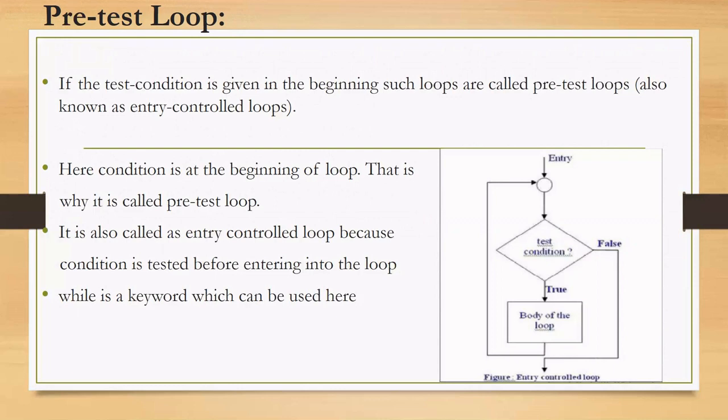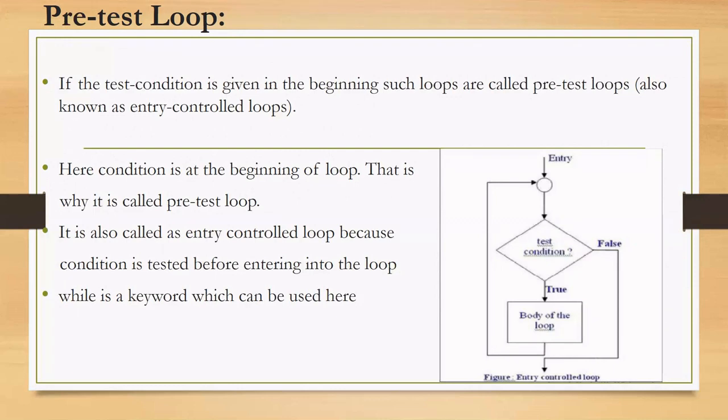If you pass that test, the body of the loop will be executed. Then you can go for counseling and select whatever stream you want. If you fail that test, you are not supposed to go for engineering counseling. You have to come back from the complete program. This is how the pre-test loop works.